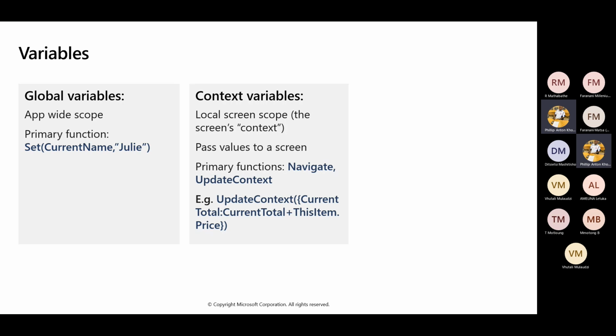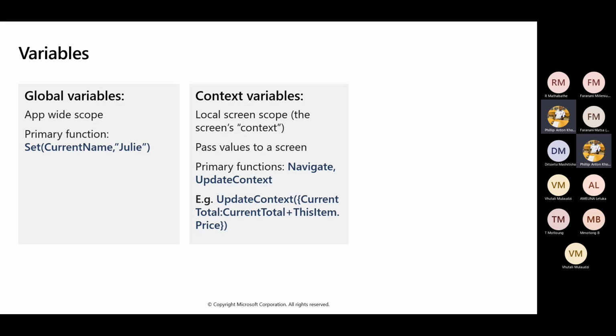And then we also have context variables, which are local scope variables. The screen's context, so they would exist in a specific screen only, and you would be able to use them on that specific screen. So here we have a primary function, which is Navigate, and then you also have UpdateContext.